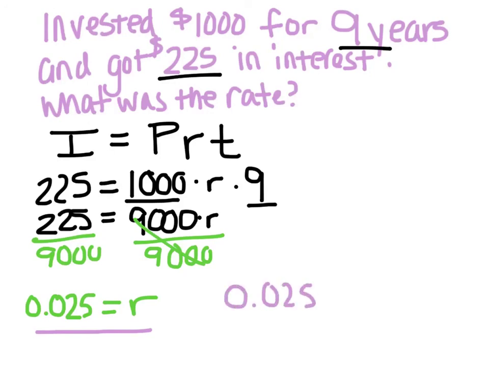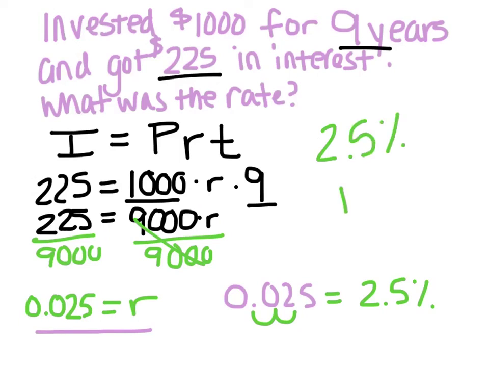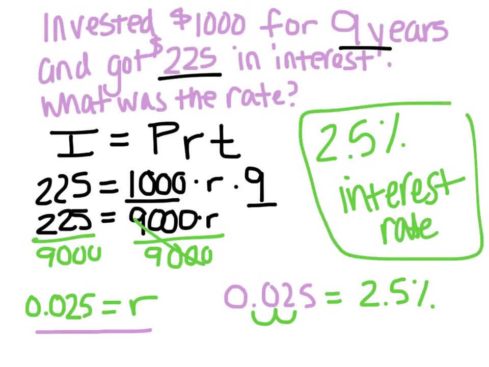So if you get a rate of 0.025, multiply that by 100, or in essence, you're just moving your decimal 2 to the right, and you'll see that that's 2.5%. So in this problem, it was a 2.5% interest rate. And you can check that answer by doing 1,000 times 9 times 0.025, and you'll get 225 as your answer.